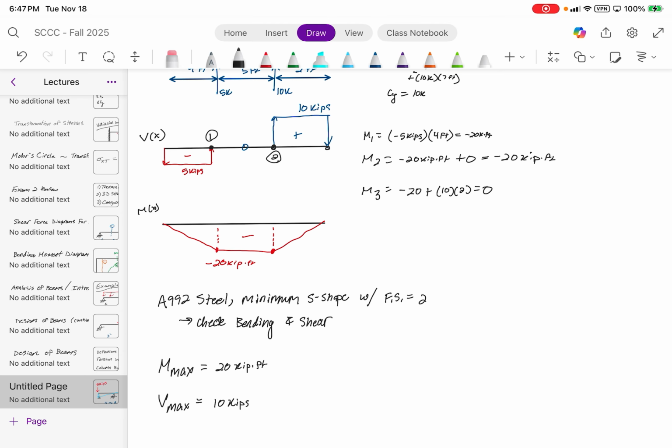Are these the design forces, though? No. The design forces account for a factor of safety of 2. So M design is equal to 40 kip-feet, and V design is equal to 20 kips.